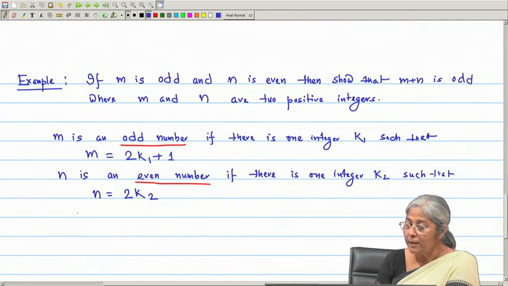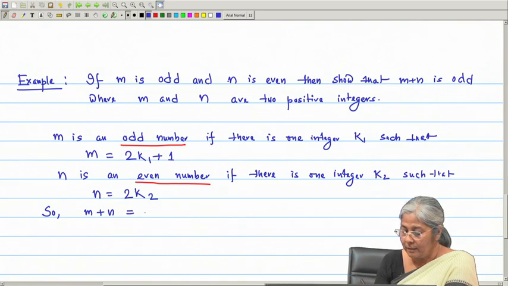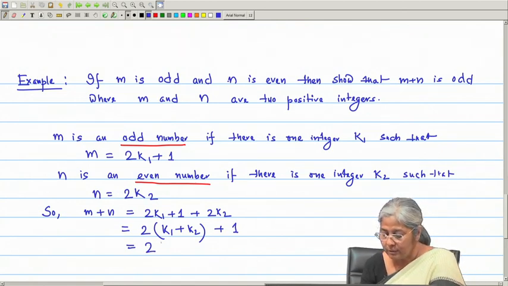So, what is then m plus n? Since given m is odd and n is even, m plus n in terms of k1 and k2 we can write 2k1 plus 1 plus 2k2, which is 2 times k1 plus k2 plus 1. So, k1 plus k2 I can write as an integer k, where k equals k1 plus k2.